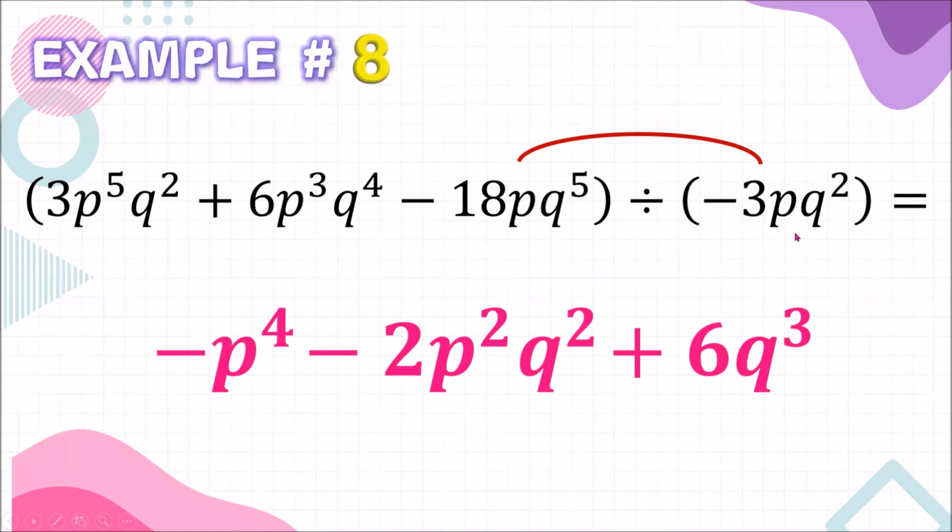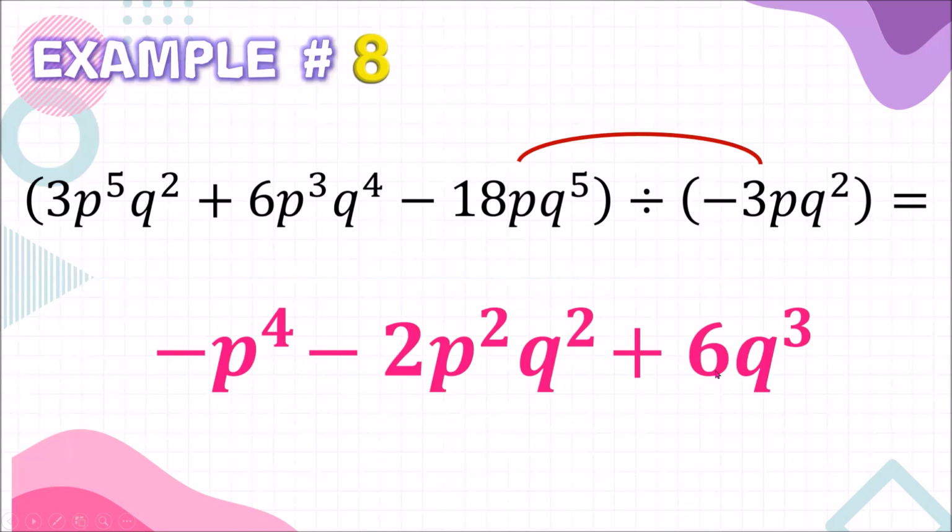So let's check first. So negative 1 times negative 3, positive 3. P to the fourth times p, so p to the fifth, q squared. And then next, negative 2 times negative 3, positive 6. And then p squared times p, we have p cubed. Q squared, we have q to the fourth.